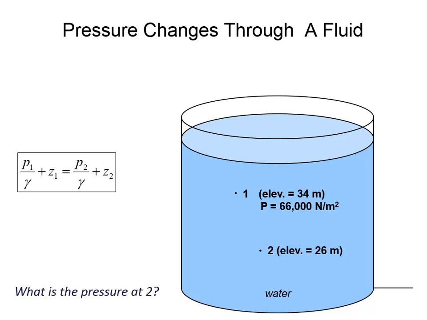We already know the pressure at location 1, and we're given the absolute elevation. Well, I guess it's a relative elevation. All elevations are relative to a datum. So we know that the elevation at location 1 is 34 meters, the elevation at location 2, 26 meters. Okay, so we're starting off with the hydrostatic equation.